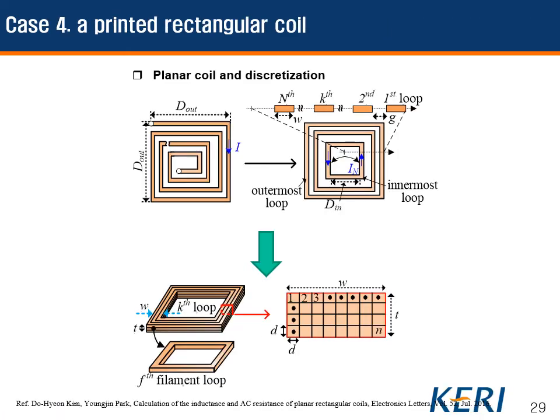Now let's think of calculation of printed rectangular coils. For calculation, a printed rectangular coil is equivalent to concentric multi-rectangular loop coils. To apply the volume filament model for the coil analysis, its conductor here is discretized into finite thick rectangular loops.